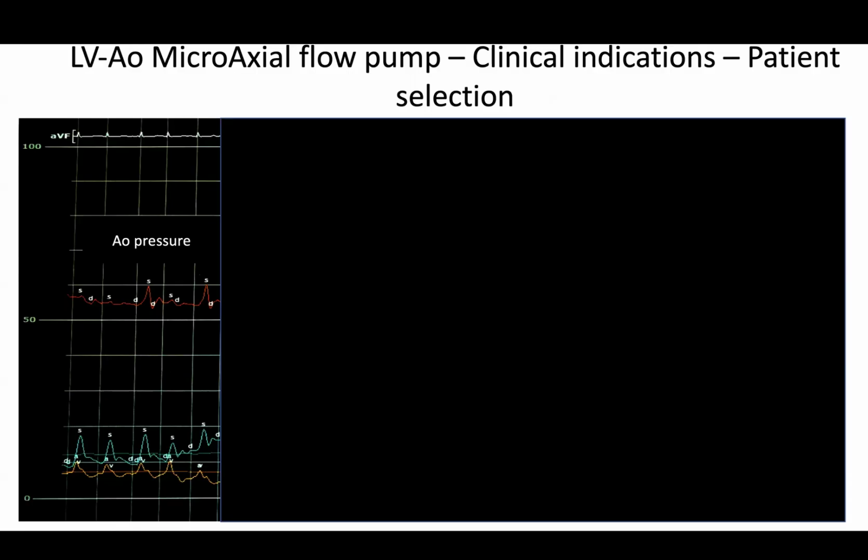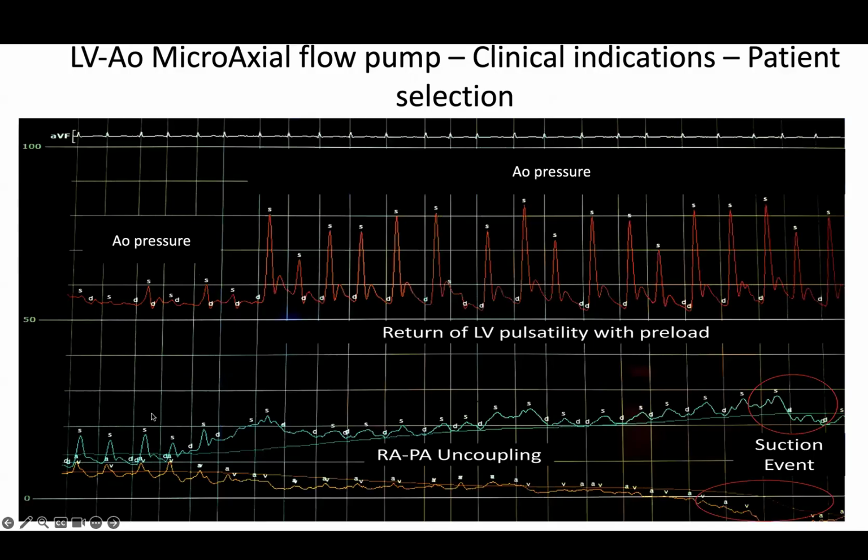Is the patient doing well? No. Aortic pressure in the 50s. Pretty sick, right? And then something happened. We did something, and here are the hemodynamics. You're putting in RV support.